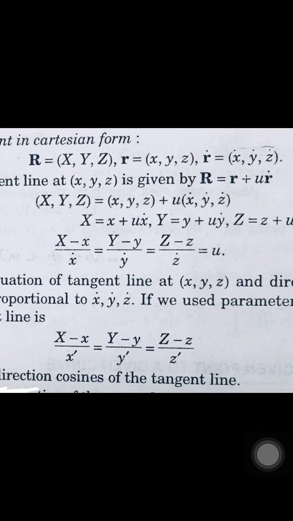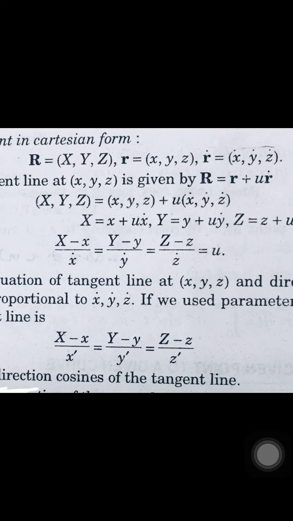Then the tangent line at (x, y, z) is given by R equals r plus u r dot. We have already derived it in the first slide. Okay, so we can substitute these values here, and after substituting we can write first term equal to first term. So we get capital X is nothing but small x plus u x dot.